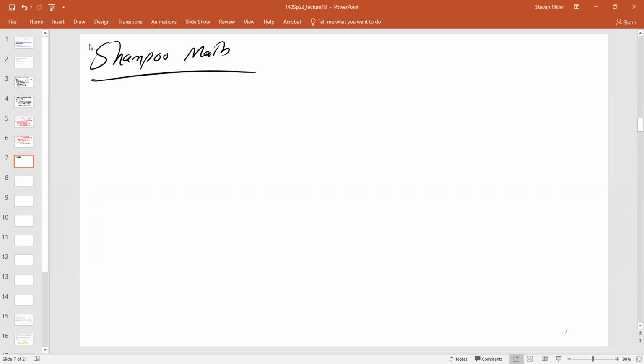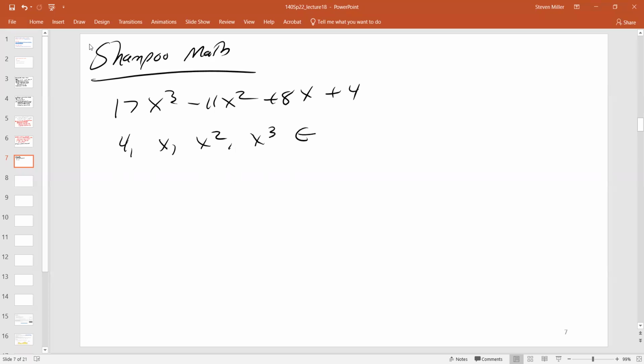So shampoo mathematics. Let's say we have 17x cubed minus 11x squared plus 8x plus 4. So we know 4, x, x squared, and x cubed are in P. Now we can multiply anything by a constant and it's still in P. So we now know 4, 8x, negative 11x squared, and 17x cubed are in P. Everybody comfortable with that?